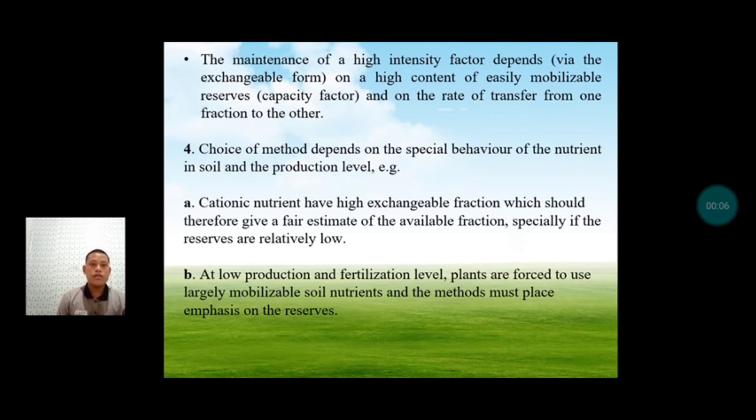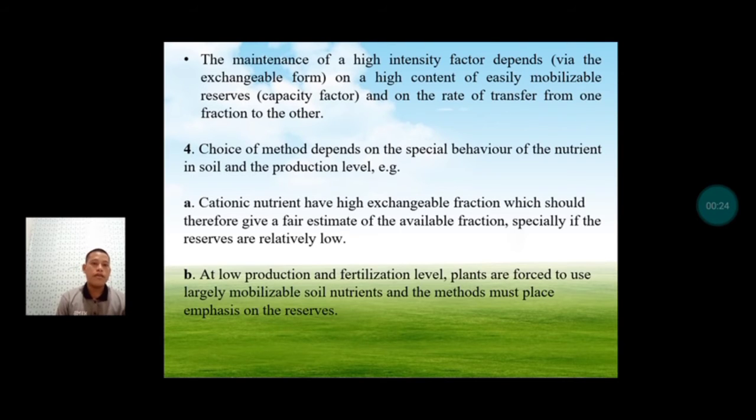4. Choice of methods depends on the special behavior of the nutrients in soil and the production level. A. Cationic nutrients have a high exchangeable fraction, which should therefore give a fair estimate of the available fraction, especially if the reserves are relatively low.